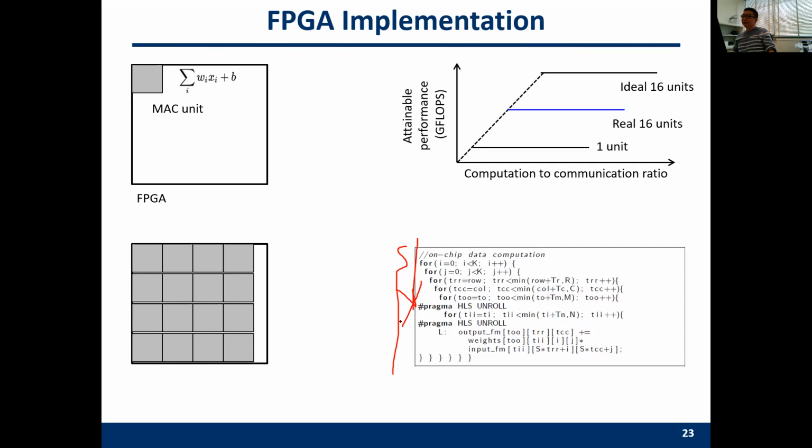One thing you need to consider is the ratio between the computation and the memory access. How many MAC units you need on one FPGA is a very critical question. First, you need to make sure you have enough hardware resources to do the computation. Second, you need a large enough off-chip memory bandwidth to support these MAC units.